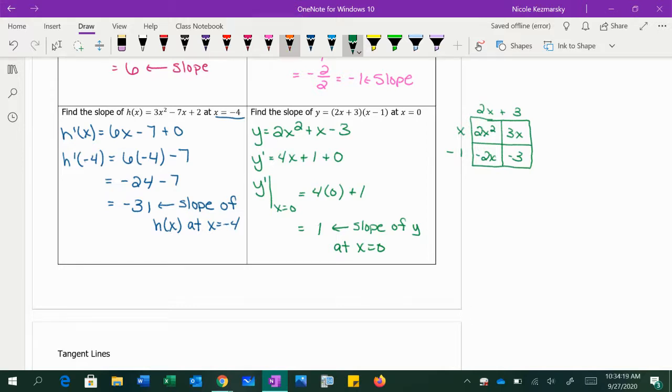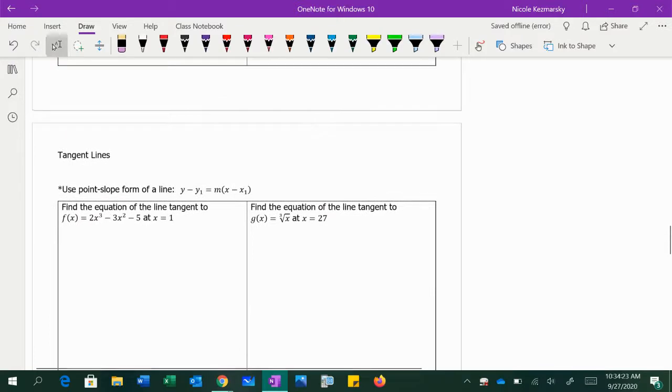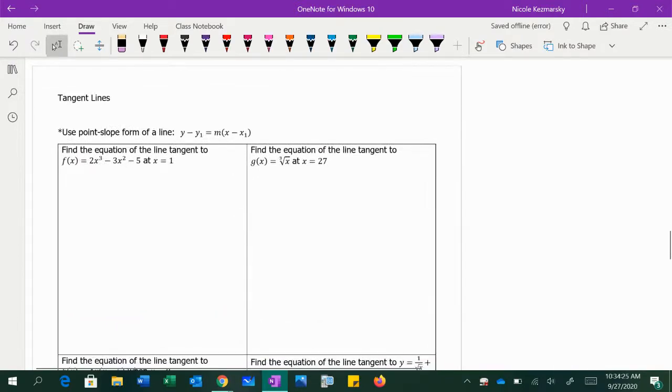So slope leads us to tangent lines. Because if we have the slope, we can write the equation of a line. What we're going to use in this class is a version of a line that is not as commonly used anymore. Sometimes Algebra 1 teachers teach this. You're used to seeing y equals mx plus b.